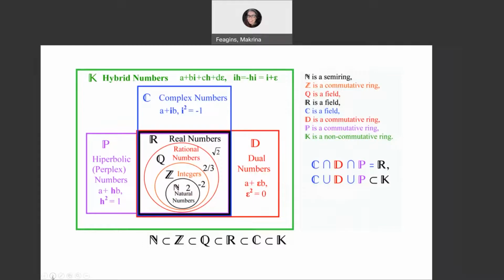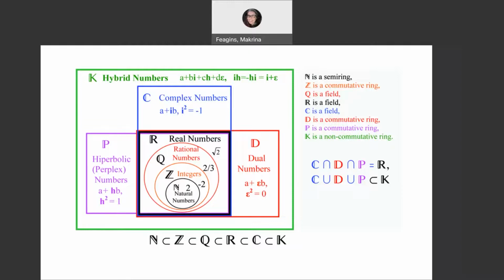And this is just a 10,000 feet view, just so you can remember your different number sets for the complex numbers. So the natural numbers were the ones that we started with. They're in nature. That is contained in the integers, that's contained in the rationals, is contained in the real numbers, is contained in the complex numbers.